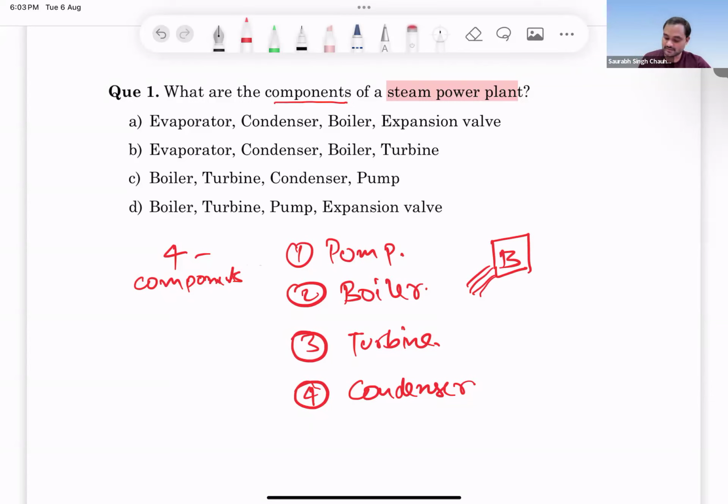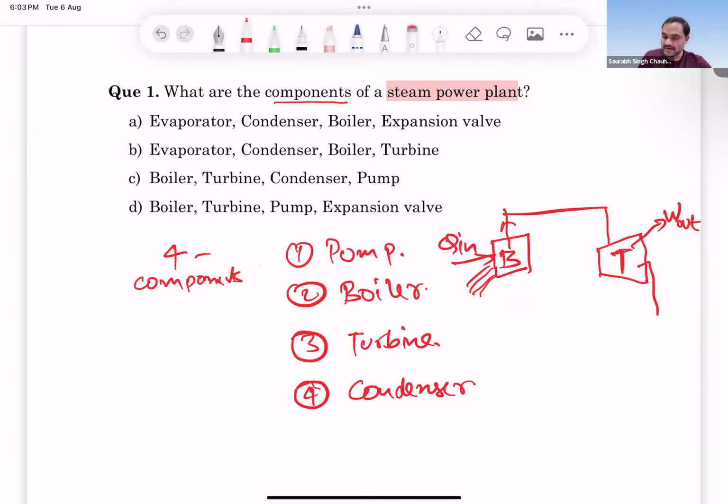At the exit of the boiler, we get high pressure and high temperature steam. This steam then passes through a turbine. In the turbine, there is an expansion process and we get some work output. And in the boiler, there is some heat input.